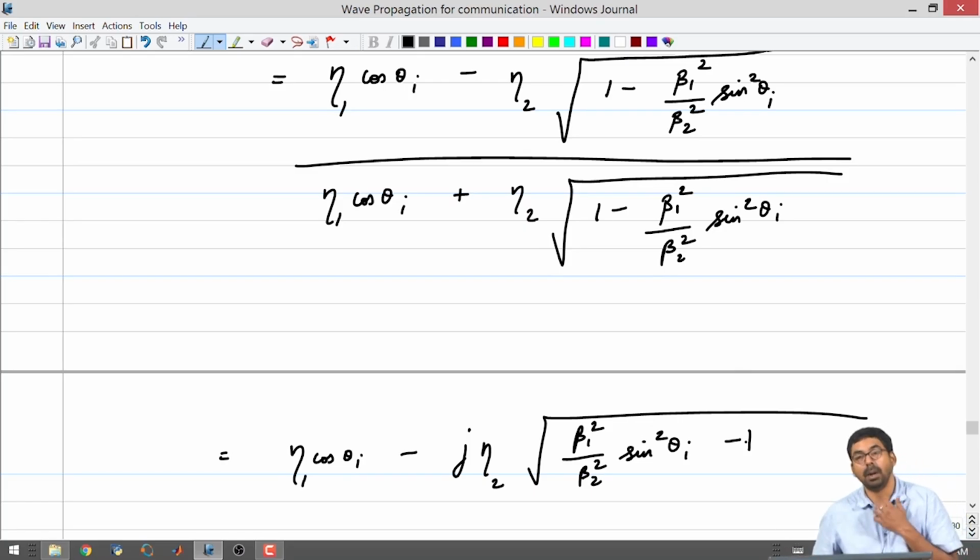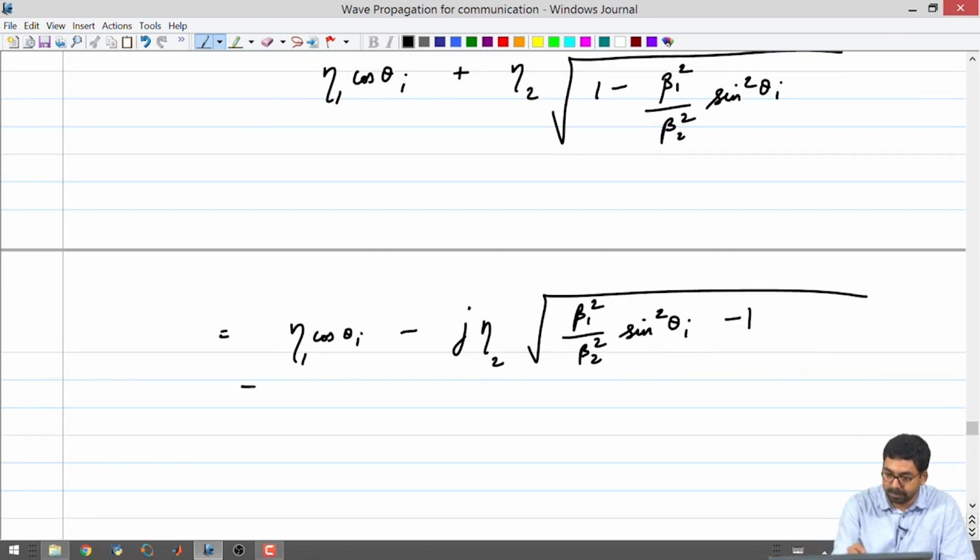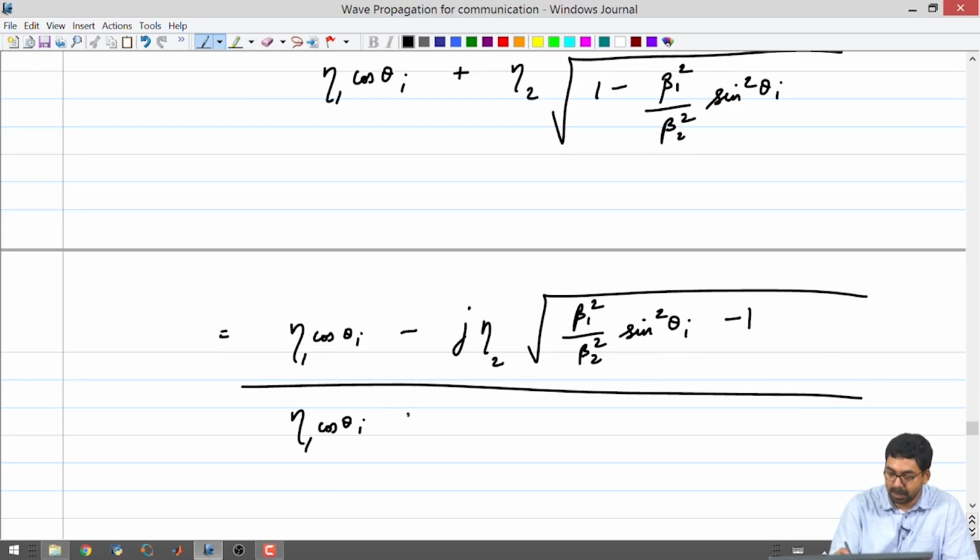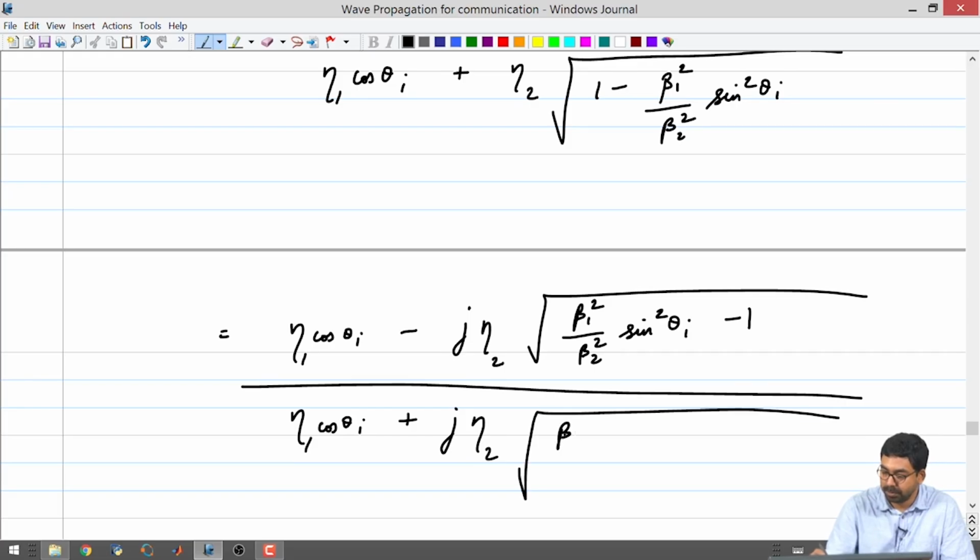You could just write it down like this, right, so that the term inside your square root is positive, okay, but you did bring a j outside, divided by eta 1 cos theta I plus j times eta 2 square root of beta 1 square by beta 2 square sin square theta I minus 1.